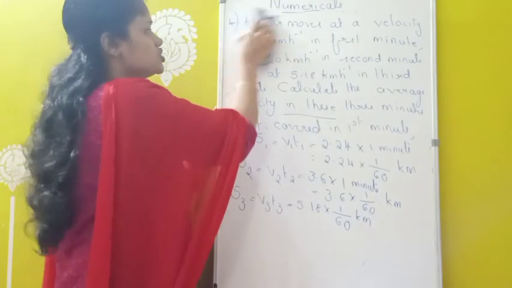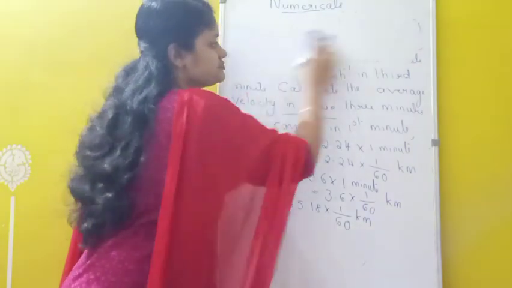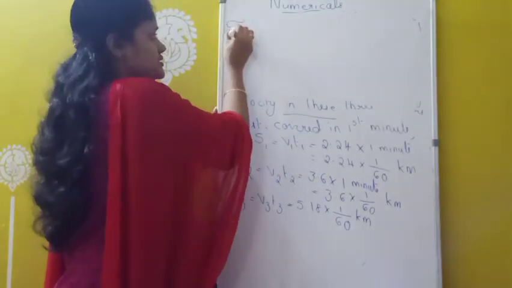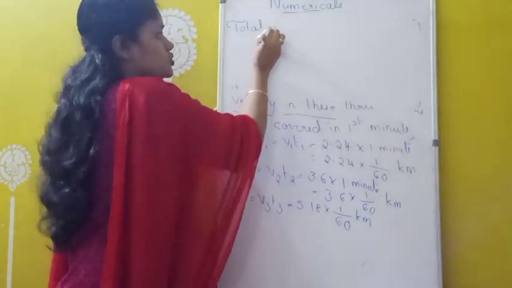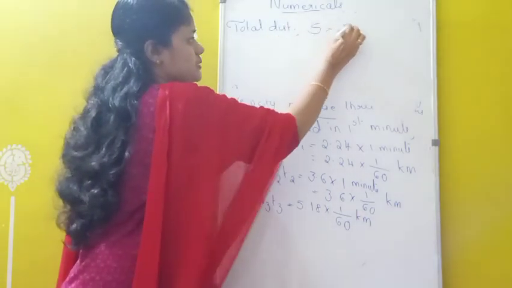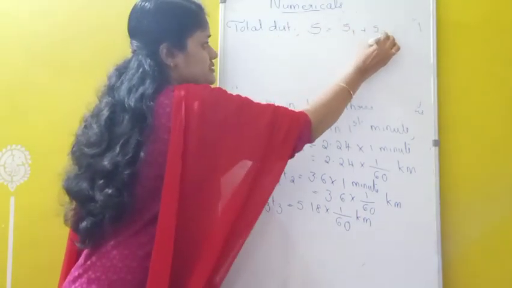Now we have to find the total distance covered. So total distance S equals S1 plus S2 plus S3.